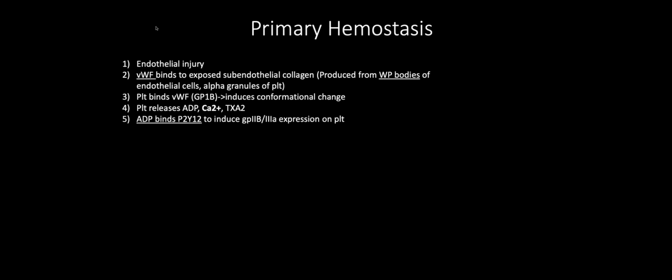ADP specifically, very high yield, binds the P2Y12 receptor to induce GP2B3A expression on the platelets. So the initial platelets, after binding VWF via GP1B, release these mediators, and those mediators act to activate other platelets.